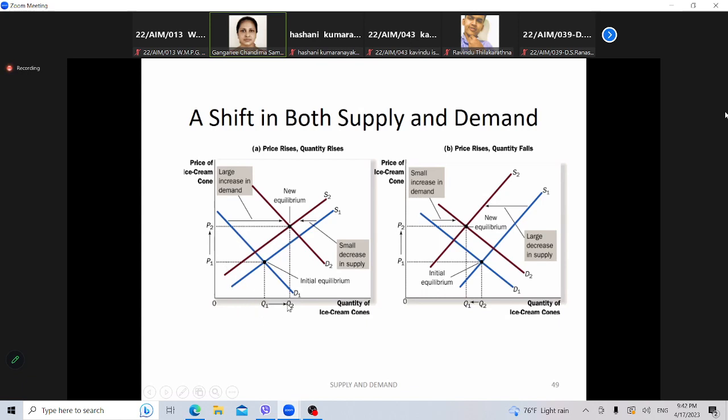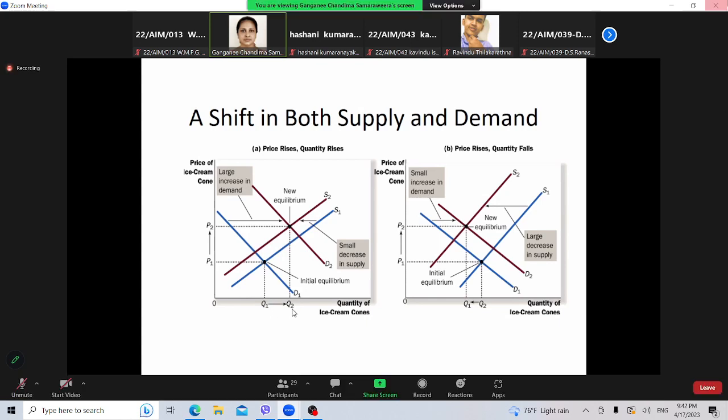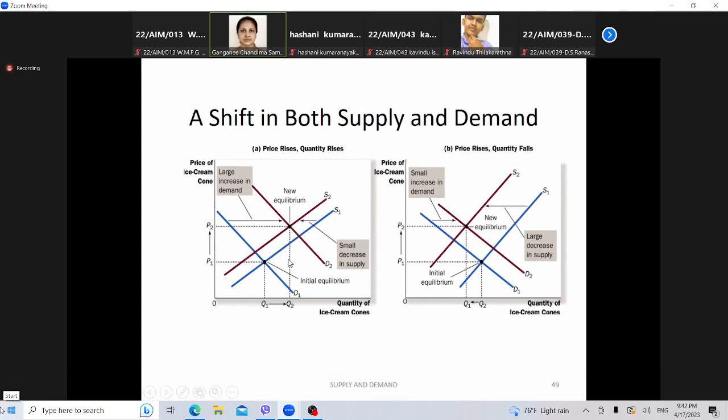Accordingly, the quantity supplied also increased from Q1 to Q2. Then the new equilibrium comes where demand equals supply in red one. Old one is in blue color. Now clear, Ravindu? Yes, ma'am.